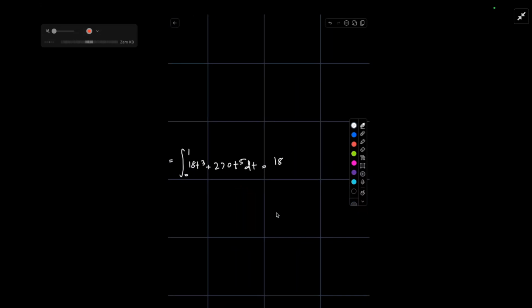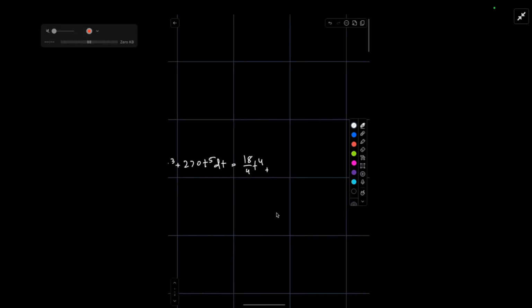You get 18 over 4 t to the 4th plus 270 divided by 6, which is 45.